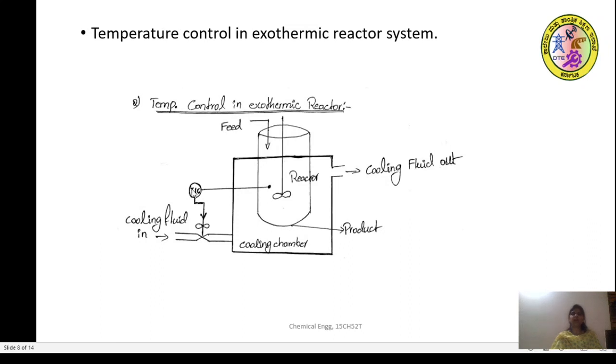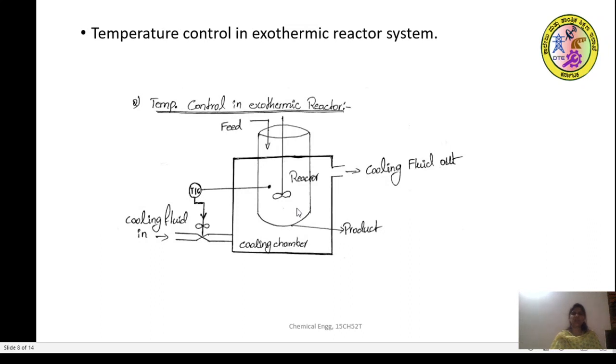again the temperature inside the reactor is being measured by the TIC, and the signal is being sent to the final control element, thereby operating the valve so that the cold fluid will flow inside the jacket in order to control the temperature inside the reactor.